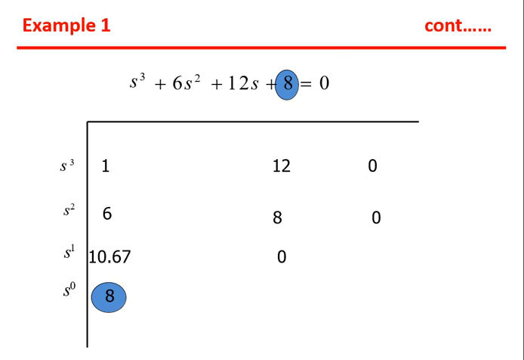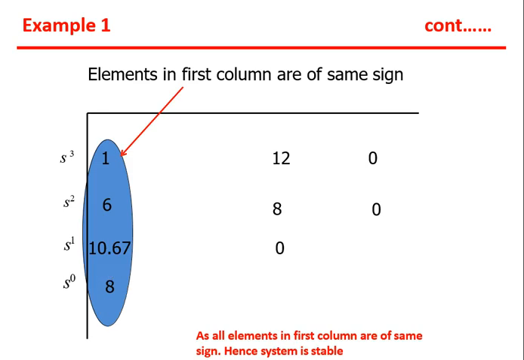If you see this first column, there is no sign change, all the elements are positive. So I can say that as all the elements in the first column are of the same sign, hence this system is stable. It is shown over here, the elements in the first column are of the same sign. I think you got this.